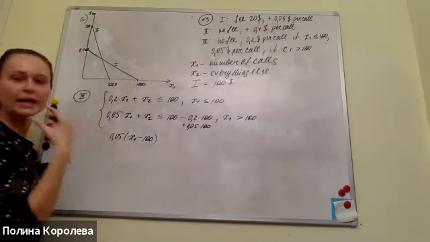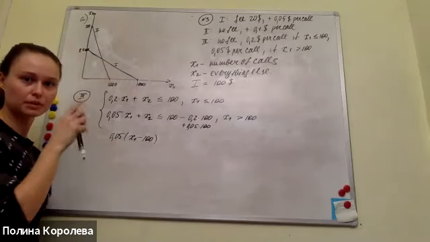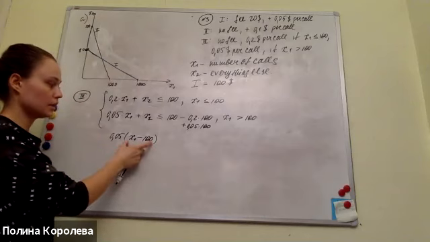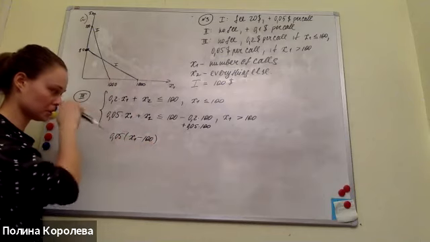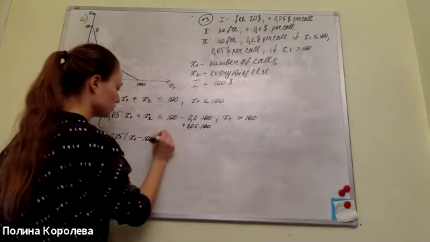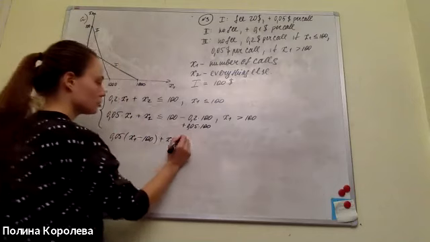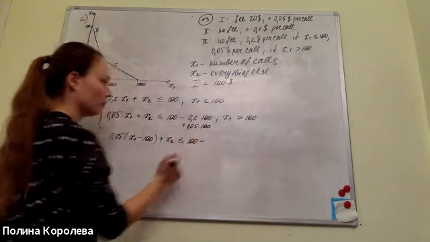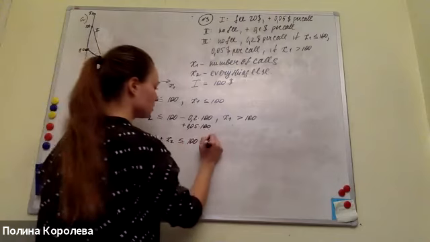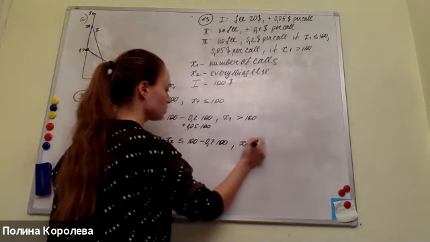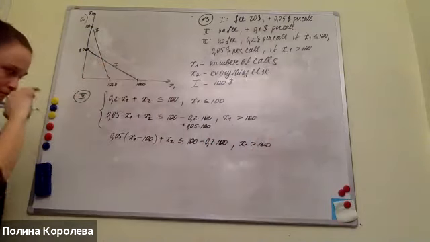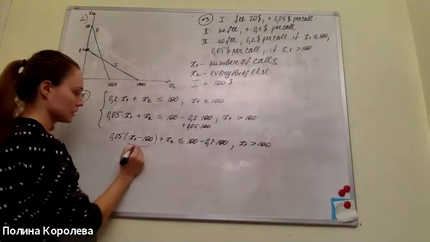So you pay 5 cents for extra calls, for a higher amount than 100. This is the total amount of calls plus x2, and this should be less or equal than 100 minus what you paid for these calls, 0.2 multiplied by 100. And this is if the total amount of calls is greater than 100. These extra calls.